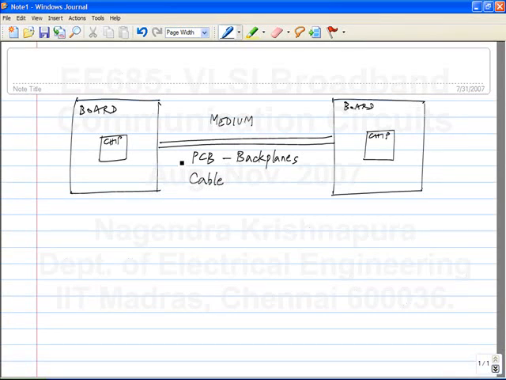And as you know, the speeds are pretty high now, approaching or even crossed 1 gigabit per second. And you could have a cable. Examples of this are Ethernet or USB. And also you can have an optical fiber. So these are some examples of what can be the medium of transmission of data.